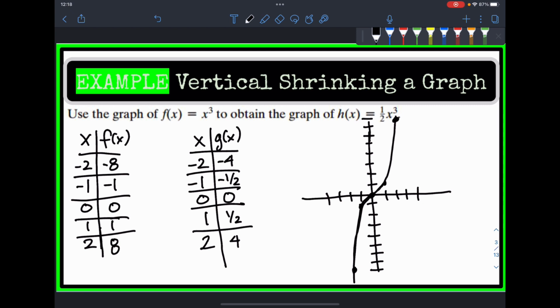Again, curved. And then this is H, not G. I don't know where I got G from. I'll do G in blue. G is going to put our values here. So you see this has been shrunk vertically by half. What's important to understand here is that our y coordinates are half of what they originally were.